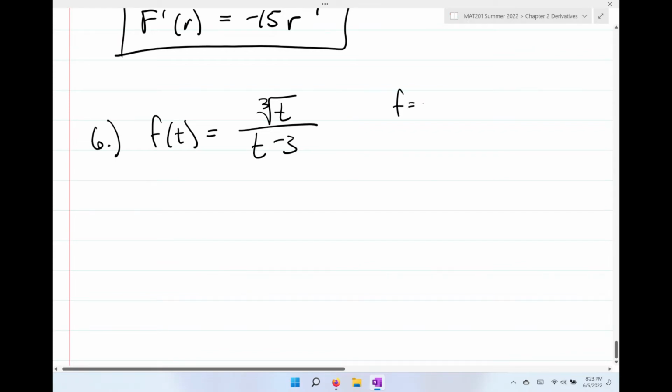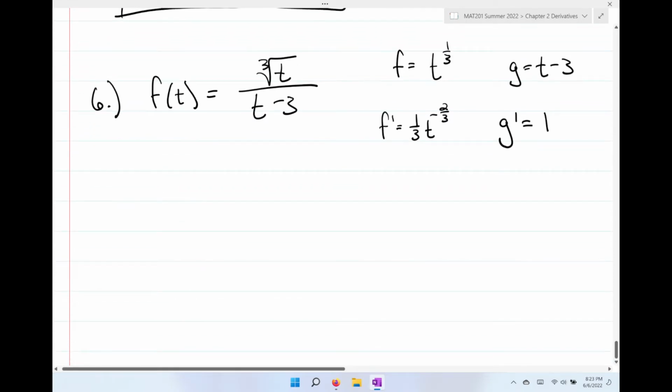So f equals t to the 1/3, f prime is going to be 1/3 t to the negative 2 over 3. g is going to be t minus 3, g prime is going to be 1.